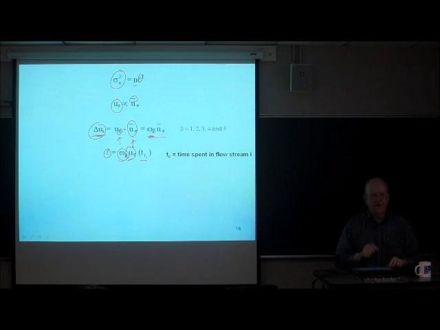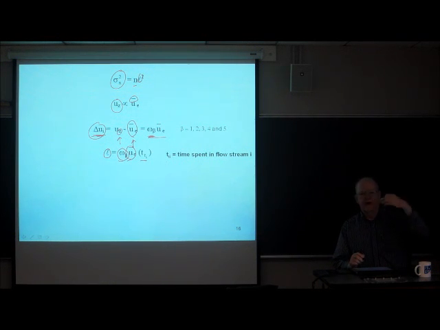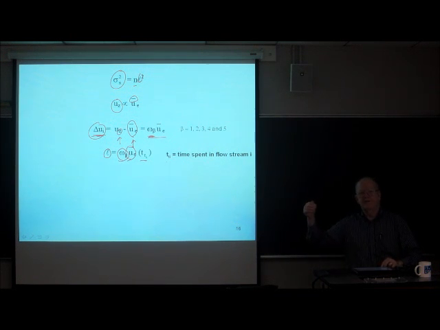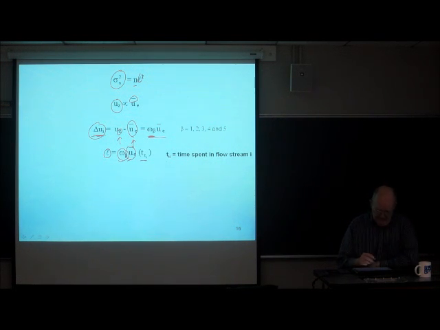So this is the transport time, that's why it's t sub t, the transport time to get from a flow stream of type beta to the average velocity regime. And that time is going to depend upon which type of flow stream you're talking about. So that's your step size relative to the average velocity.